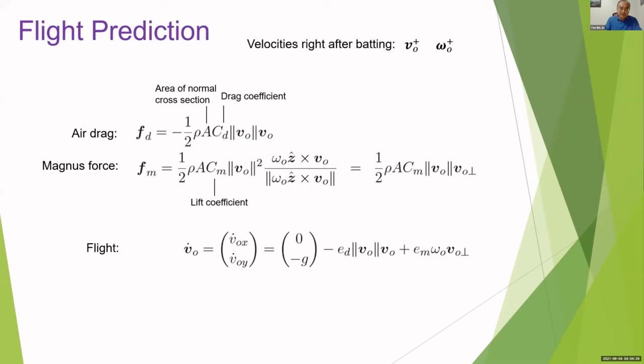One is the drag force, which acts opposite to the instantaneous velocity. This is typically modeled empirically using a drag coefficient, scaled by the area of the cross section normal to the velocity, and it's quadratic in terms of the current instantaneous velocity.